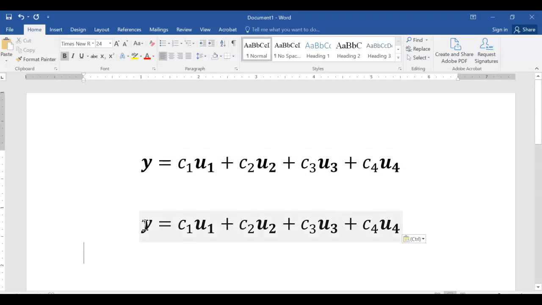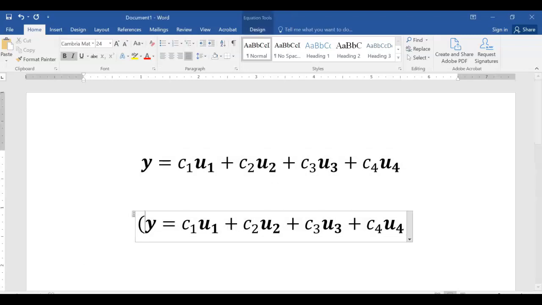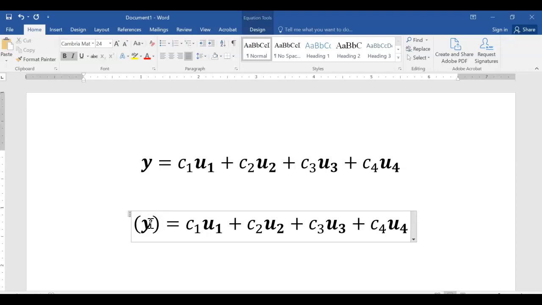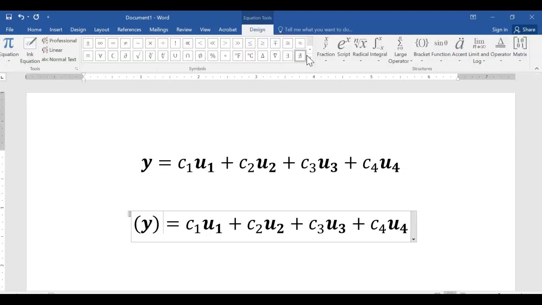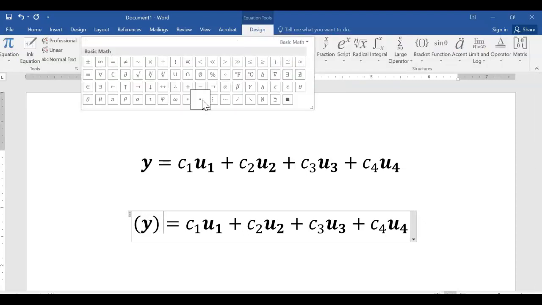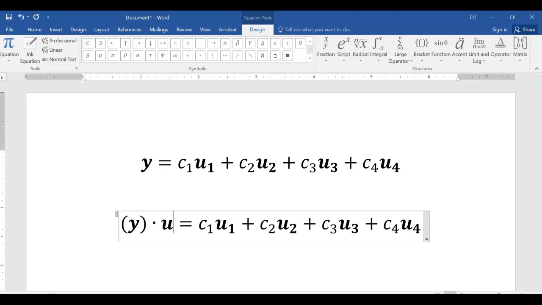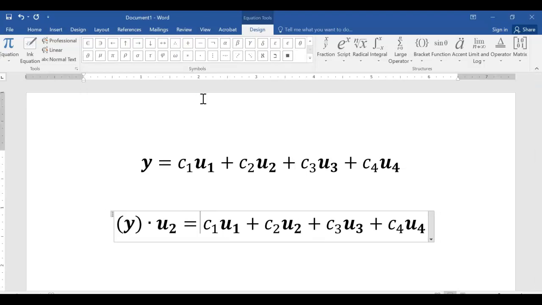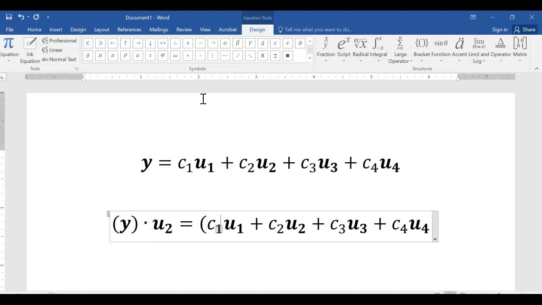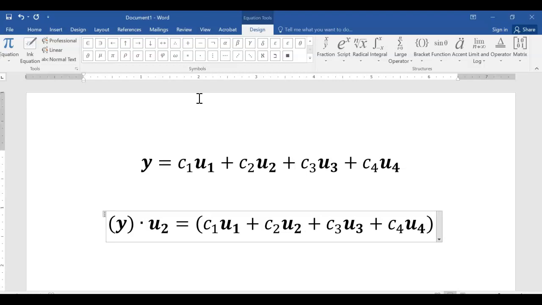And I'm going to, on the left-hand side, do an inner product with U2. And on the right-hand side, do an inner product with U2.